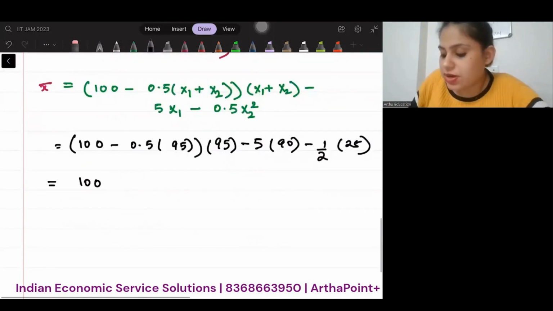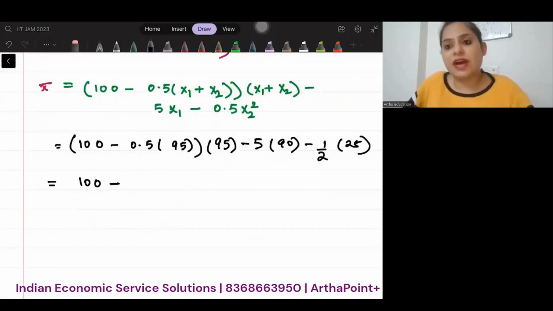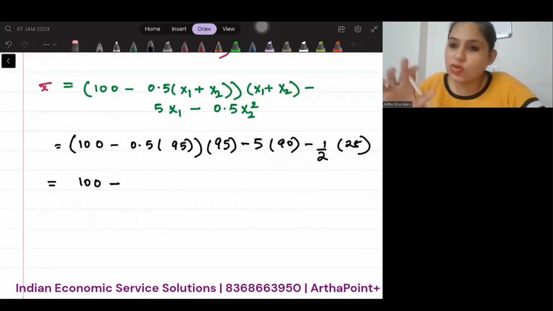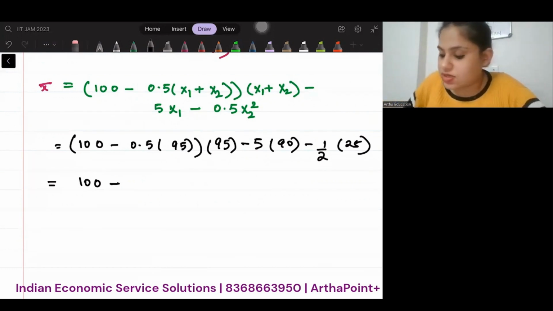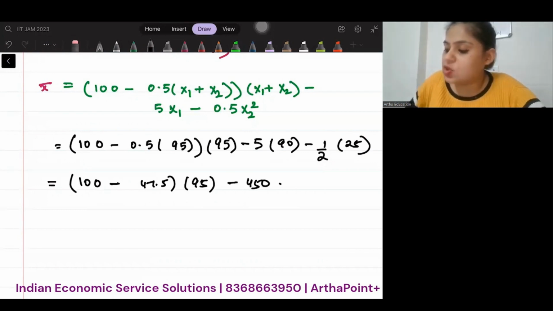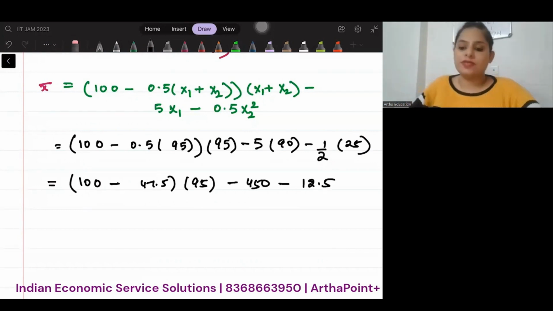So this will be 100 minus 95 divided by 2. You should not just keep it as 95 in fraction; try to put it in decimal itself. So 95 divided by 2 is 47.5, into 95, minus 450, minus 12.5.